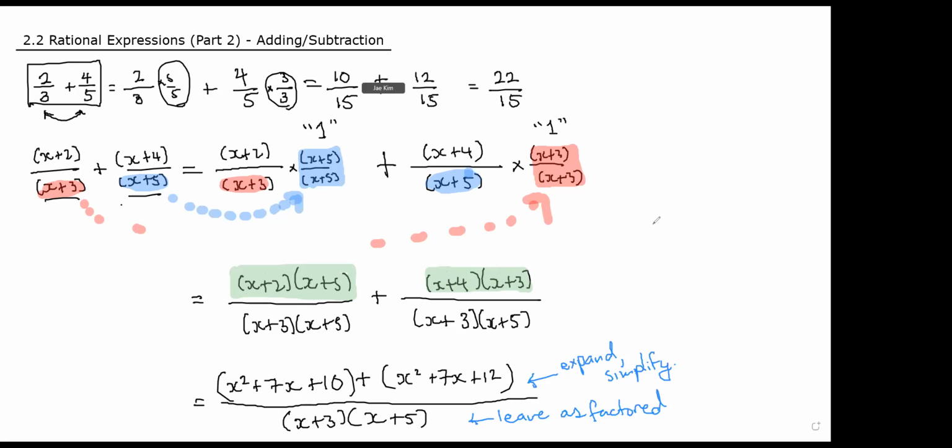The denominator is still (x + 3)(x + 5). x squared plus x squared is 2x squared, 7x plus 7x is 14x, and 10 plus 12 is 22.